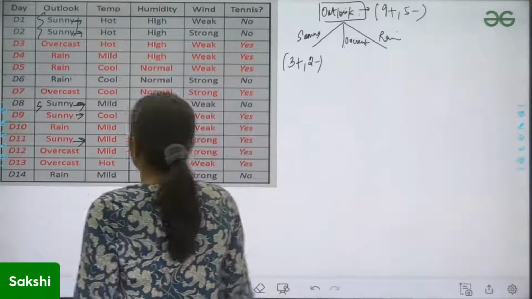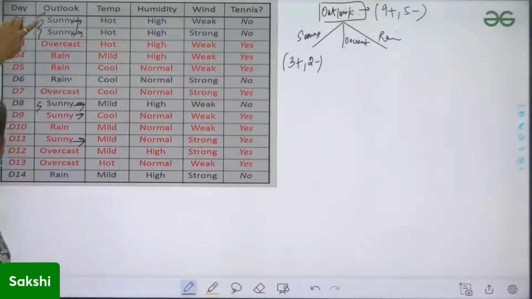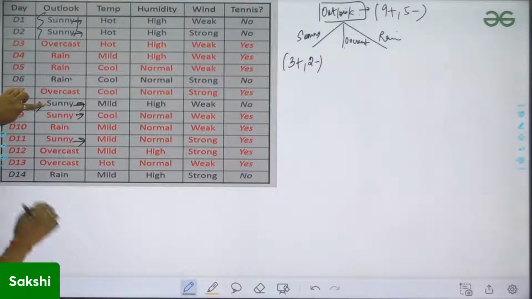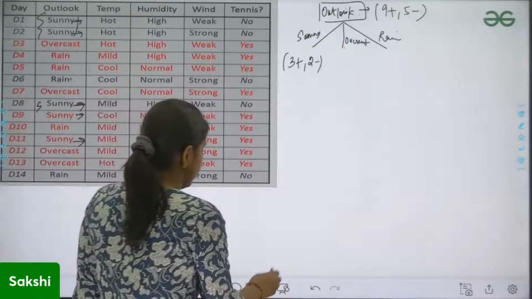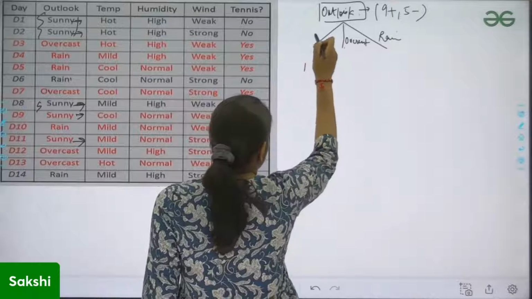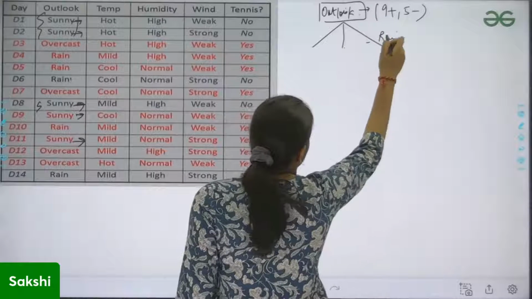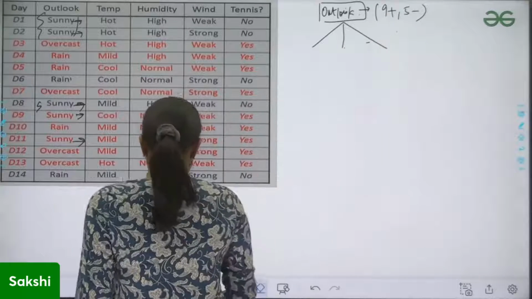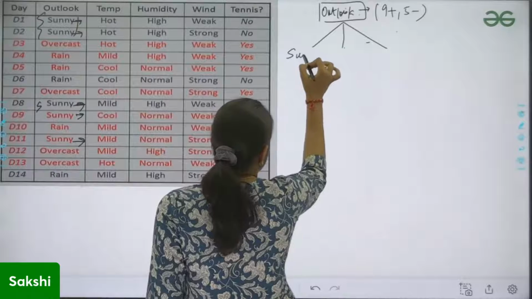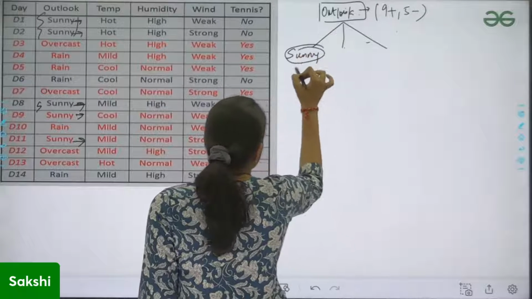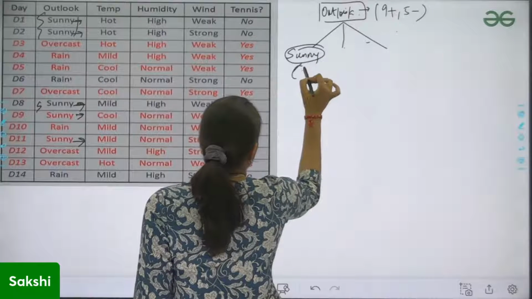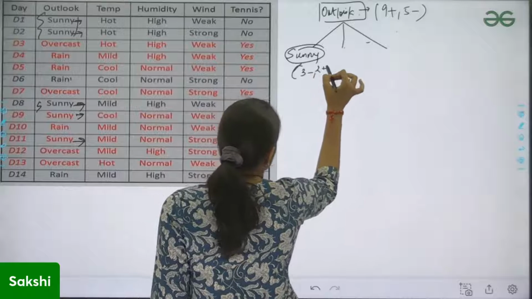You can see that this is sunny, this is sunny, this is sunny, this is sunny, and this is sunny. So if the day is sunny, I can say here I got 3 negative and 2 positive, right?